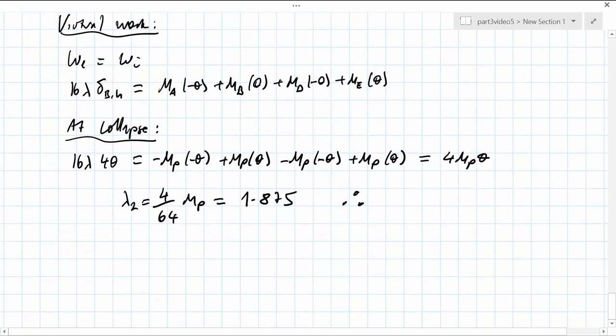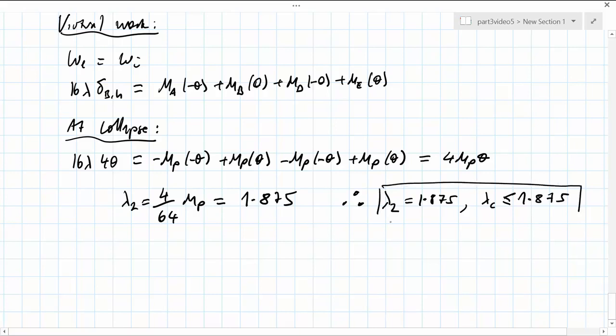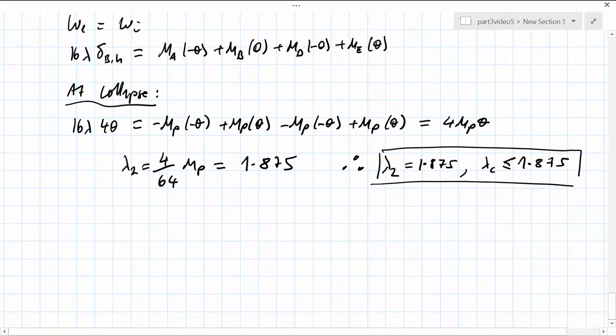Therefore, lambda 2 is equal to 1.875, and the plastic collapse load factor, lambda C, is less than or equal to 1.875. At this stage, we need to perform static checks on mechanism 2, as mechanism 2 is producing the lowest collapse load factor.